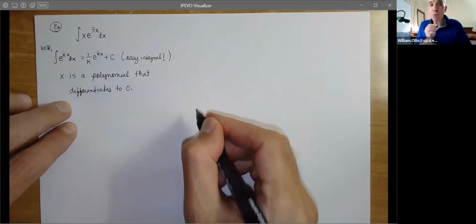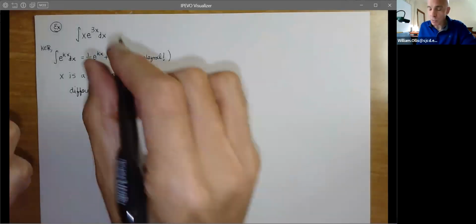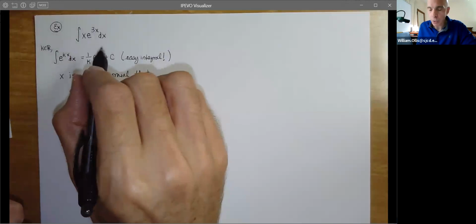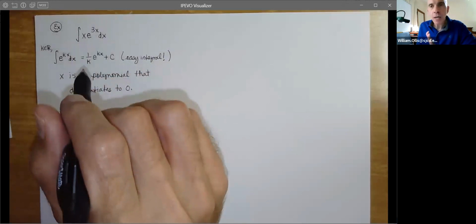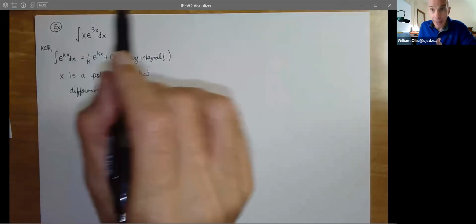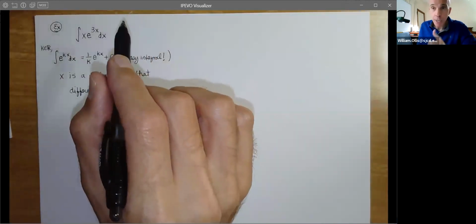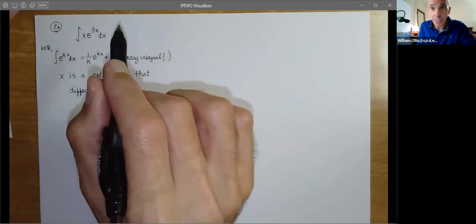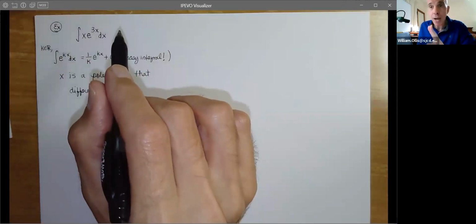So I'm going to do this problem two ways, but I'm trying to note here for you that we have a very common situation. That is, we have a polynomial x that if you keep differentiating it, you eventually get 0. You differentiate x twice, you get 0.